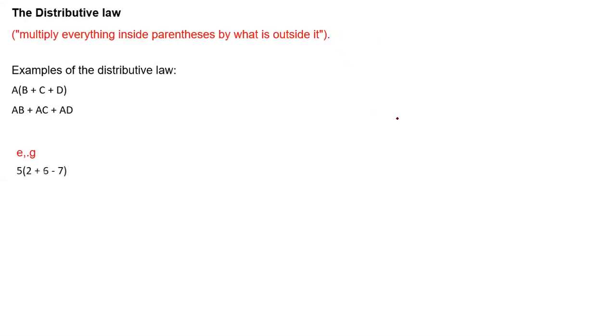You can see that you have 5 outside, and then you have 2, 6, and -7 inside. You distribute that 5, and when you add 10 plus 30 minus 35, you get your answer to be 5.